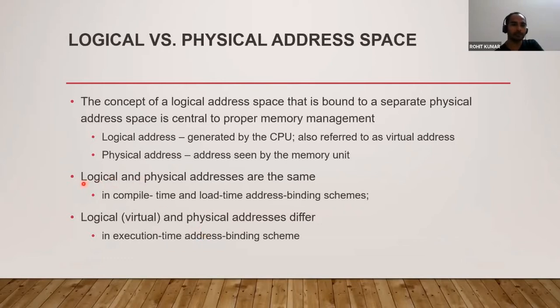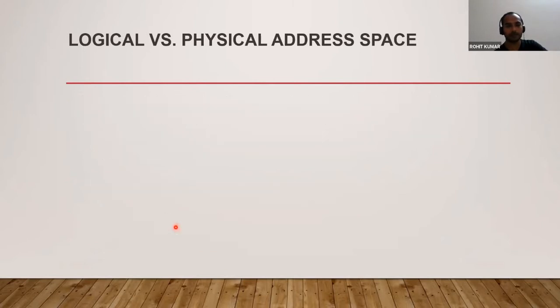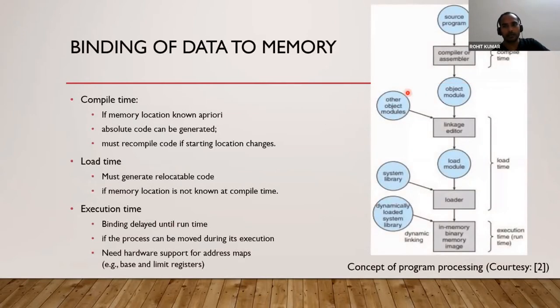Understood this particular point? The logical and physical addresses are the same in compile time and load time, but they are not the same in execution time binding. In compile time and load time, the system is not accessing any physical address, because physical addresses are only accessed at runtime. I have told you multiple times that whenever some program is running, it is in main memory.